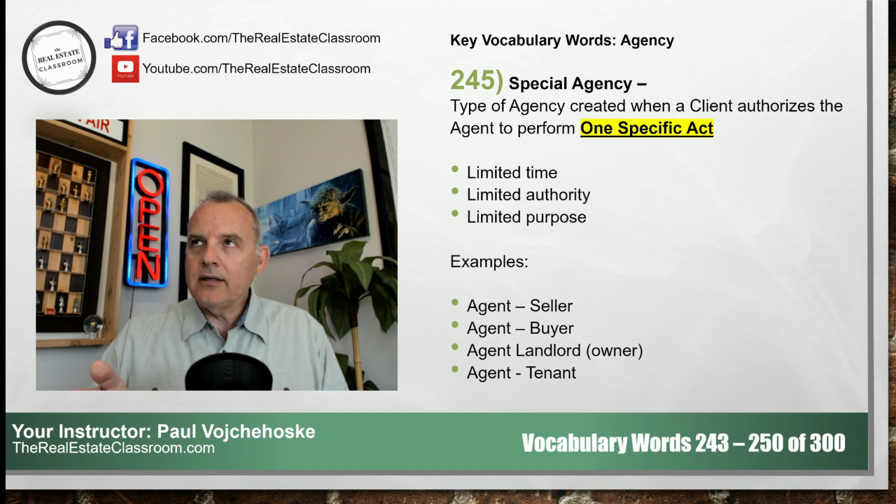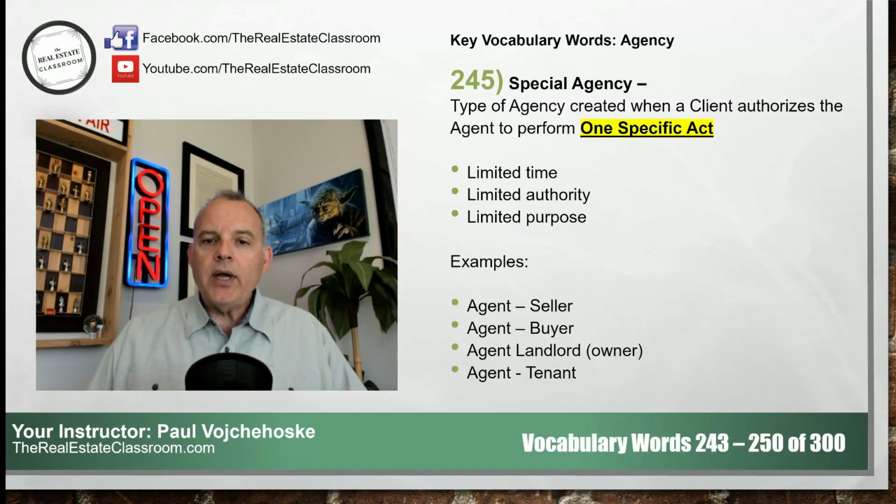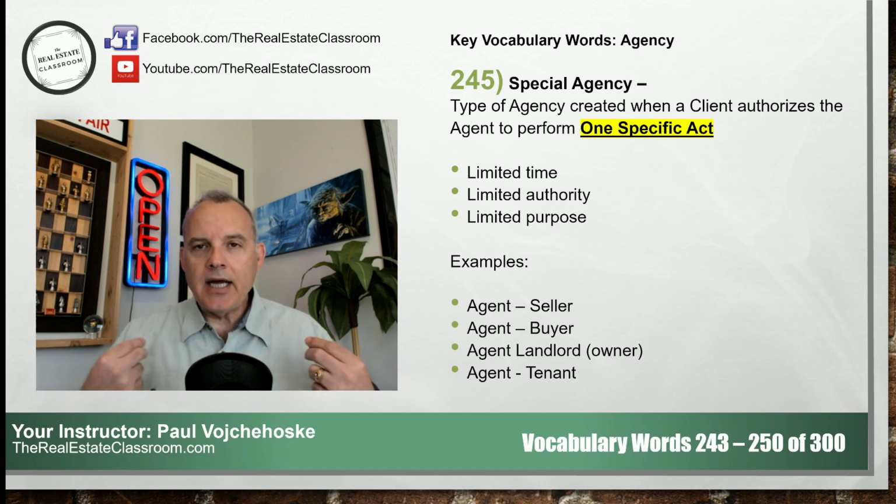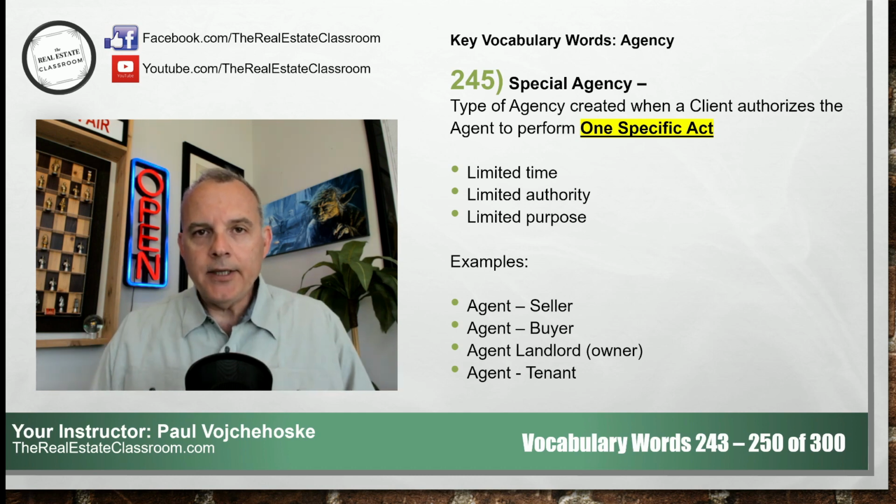And once that listing agent finds a buyer for that seller and the deal is transacted and closed, then that agency relationship ends. Now, along with that one specific act, there's also a limited time, limited authority, and limited purpose provision. So for example, special agency, and I'm the listing agent, I'm listing your property.